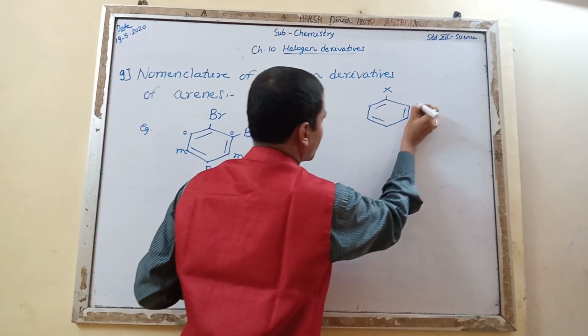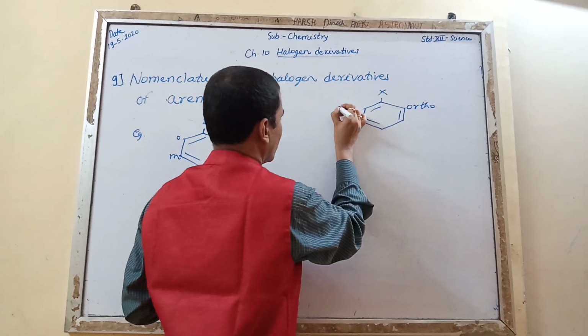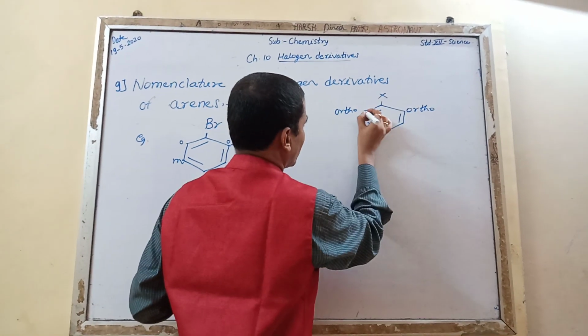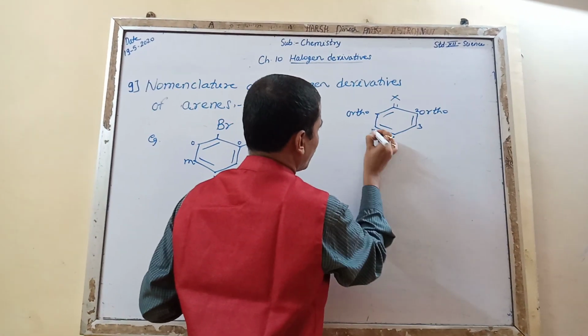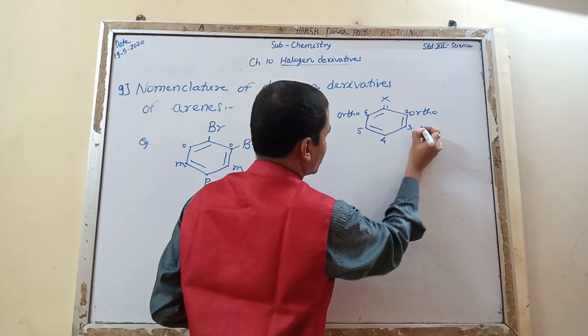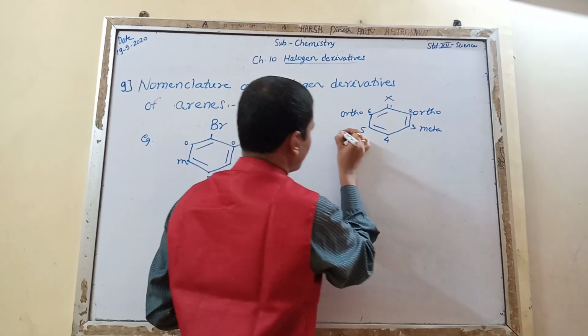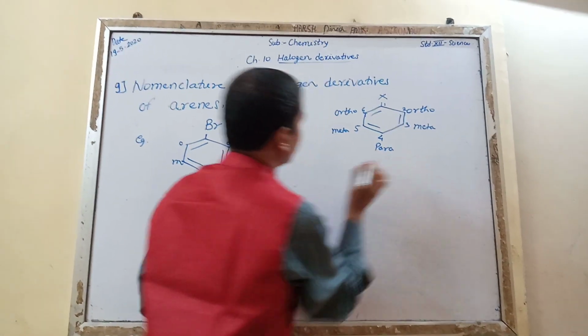I am writing here one structure. Substituting X is ortho. 1, 2, 3, 4, 5, 6. 2 and 6 ortho, meta, and the fourth one is what? Para. Remember this.